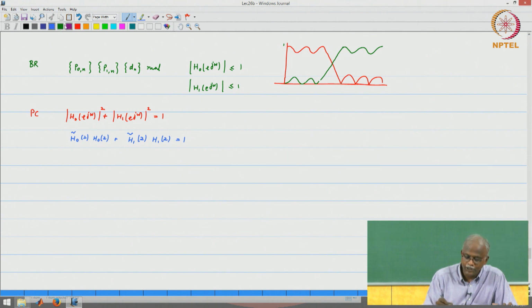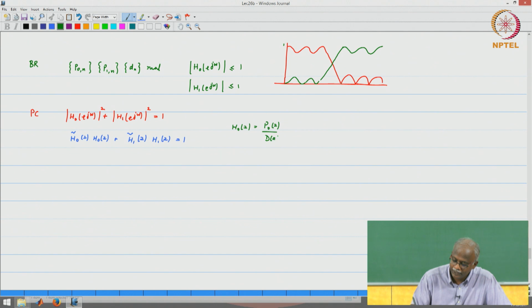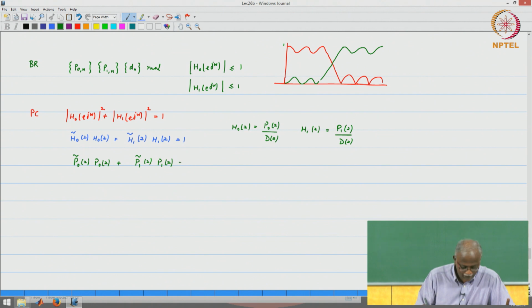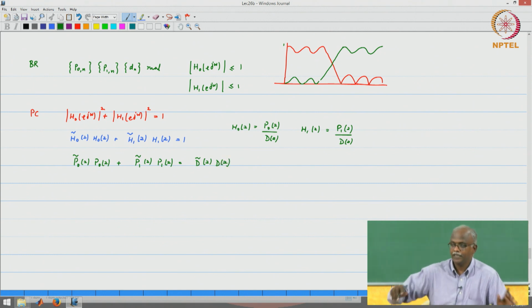Now I can substitute the expressions for H0 and H1: H0(z) is P0(z) divided by D(z), and H1(z) is P1(z) divided by D(z). Substituting into this, we get a very useful form, which is P0 tilde of z times P0 of z plus P1 tilde of z times P1 of z, and this is equal to D tilde of z times D of z. Basically I have cross multiplied.